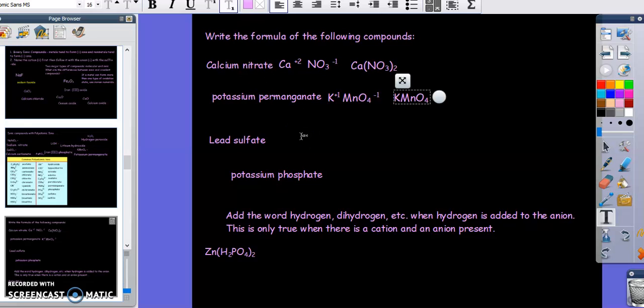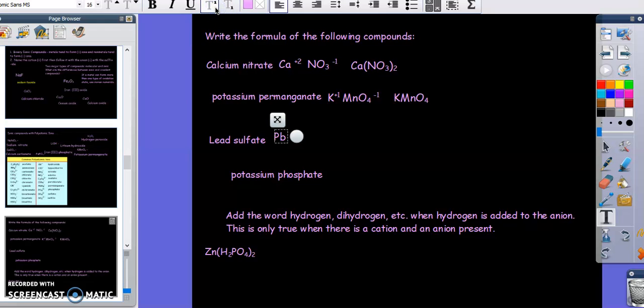Let's go to this one right here. This one is a little bit tricky because it didn't include any Roman numerals. Now, the funny thing about lead is it's not in the D block. In other words, it's not in the middle of our periodic table. It's actually in group 4, and its chemical symbol is Pb. So I have Pb, and I know that this is a +2.